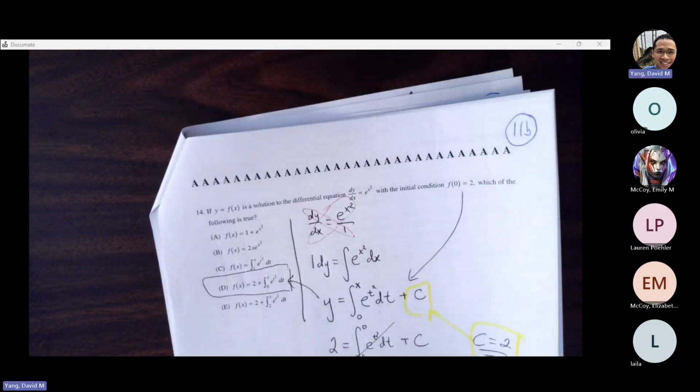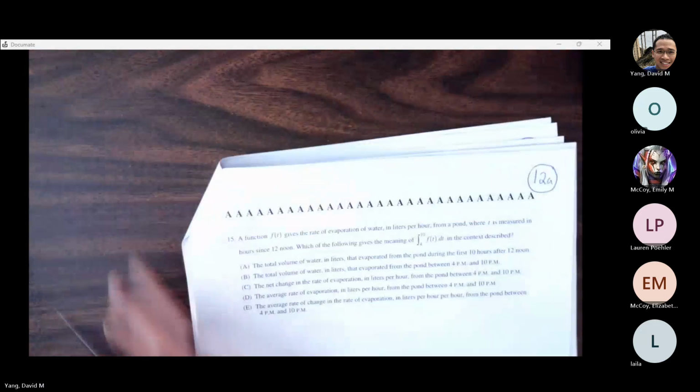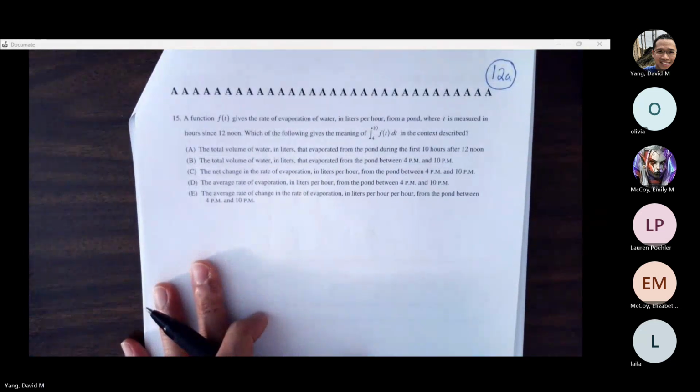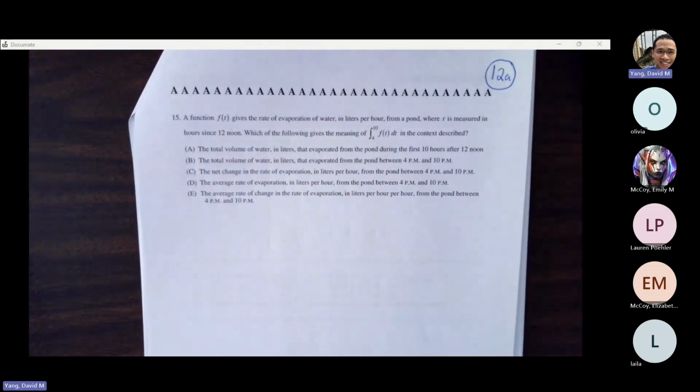All right, 12a, page 12. Function f gives the rates of evaporation of water in liters per hour from a pond where t is measured in hours since noon. Which of the following gives the meaning of the integral from 4 to 10 in the context described?